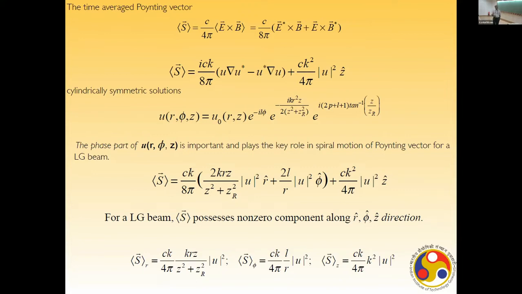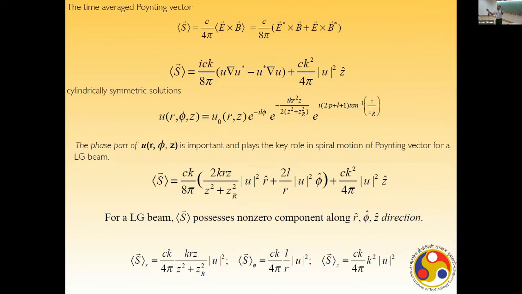If I substitute this U here, I have three distinct parameters: S_r, the radial variation of the energy, S_phi, the azimuthal variation of energy, and then S_z. And you know that S_z is the linear momentum. But what is S_r?